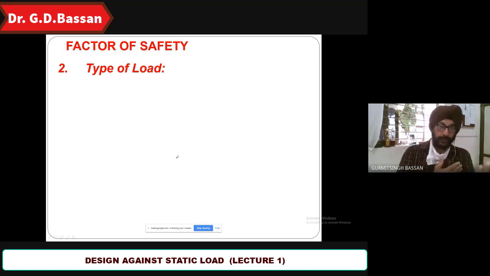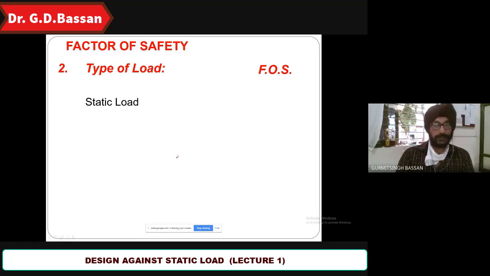Whenever we take different types of load, the factor of safety is different as per the load. If it is a static load, that means the magnitude and direction of the load is constant, it doesn't change with respect to time.